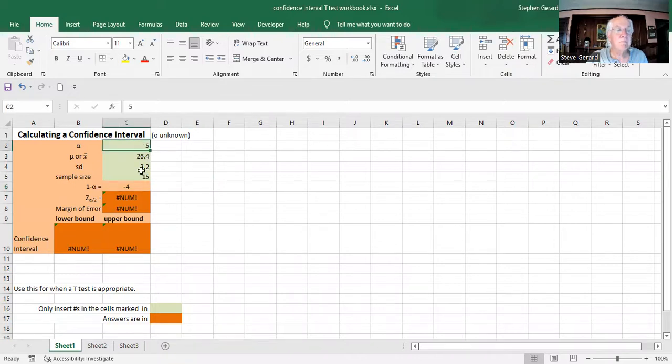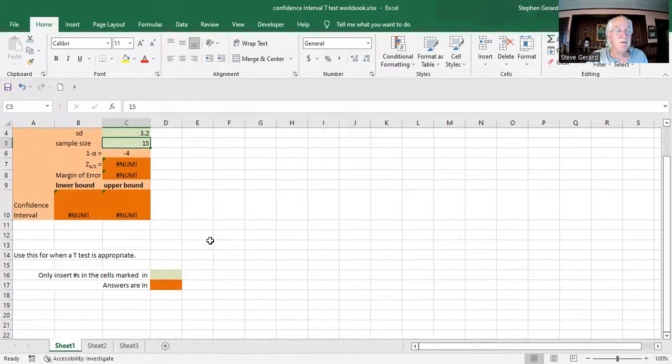What's wrong? This is equal to C2 divided by 2. Confidence interval. Why isn't this working? That's interesting. I don't know why this is not working.